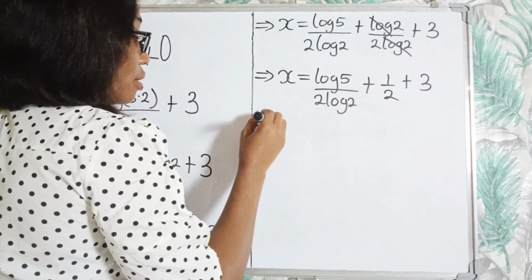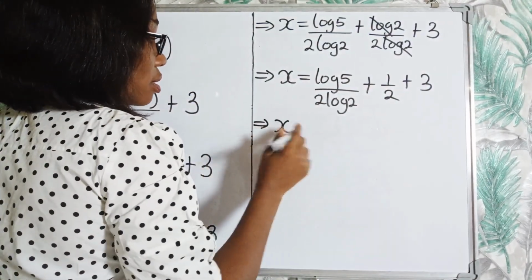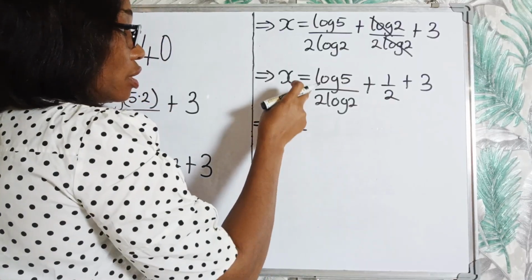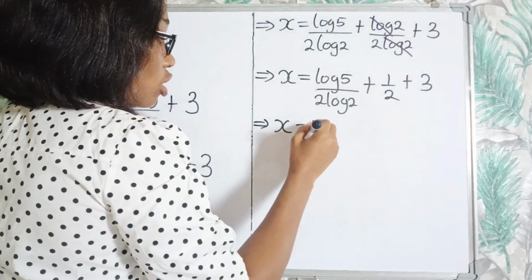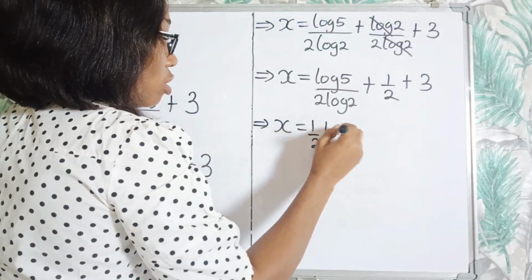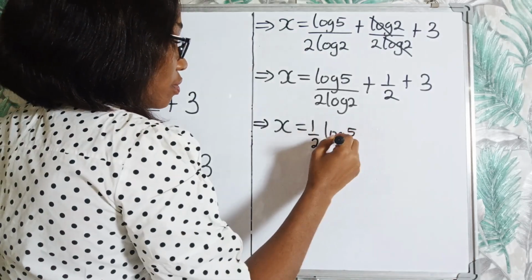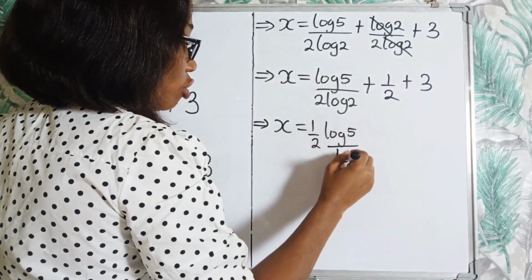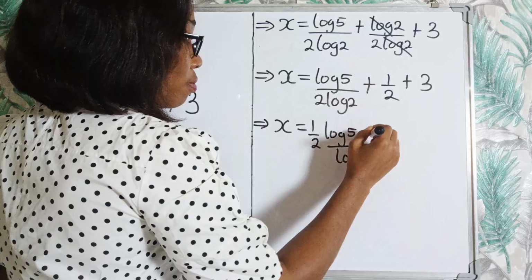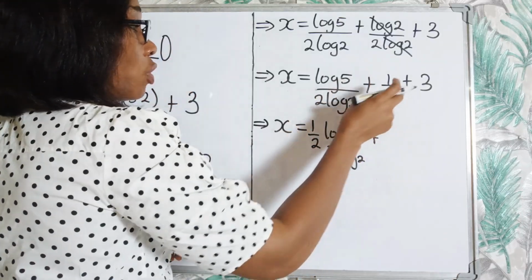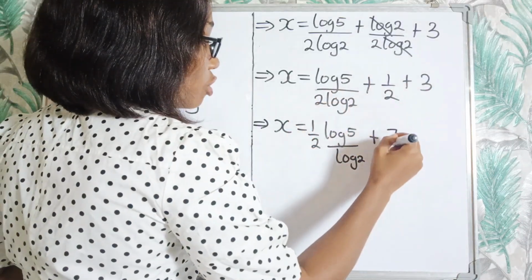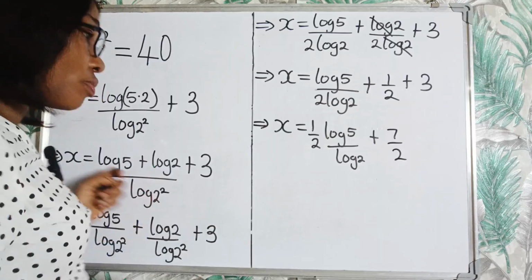So from here, x is now equal to, now this is the same thing as 1 over 2 log 5 divided by log 2 plus 1 over 2 plus 3 is 7 over 2.